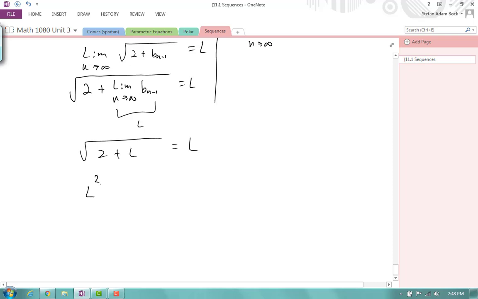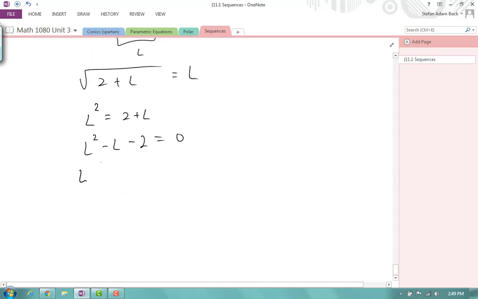I have L squared equals 2 plus L, or L squared minus L minus 2 equals 0. I wonder if that factors. If I have L, let me think, minus 2 and L plus 1, right?